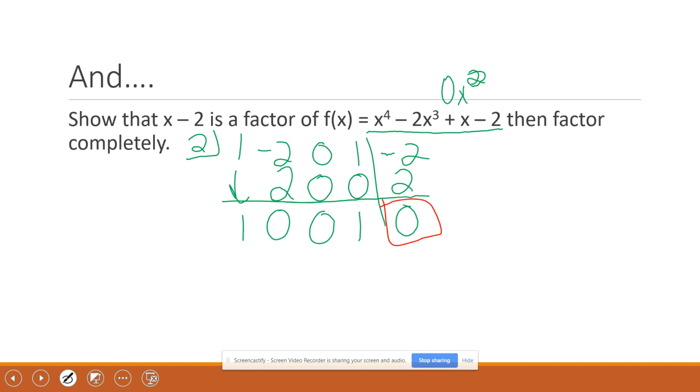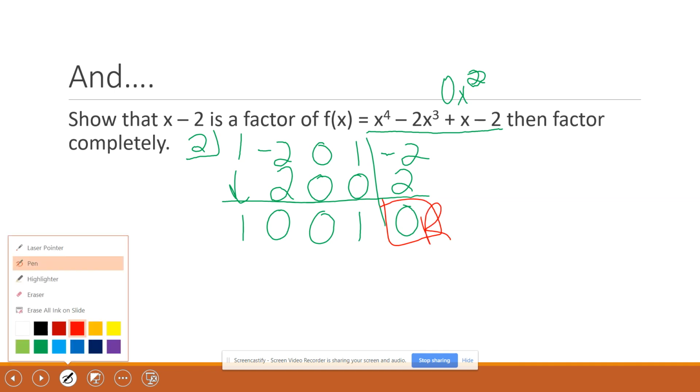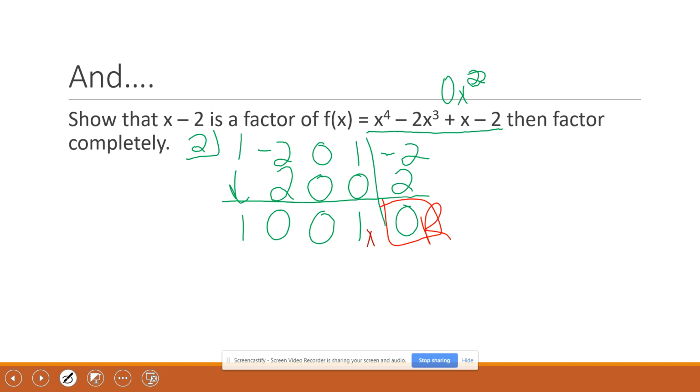Again, your remainder saying yes, x minus 2 is one of my factors. Fill in my variables so we can factor our answer further. And so I have x cubed plus 1 is what it becomes. So that x to the third power says, oh, this must be a sum of cubes formula. 1 is a perfect everything. So we know that 1 cubed is 1.